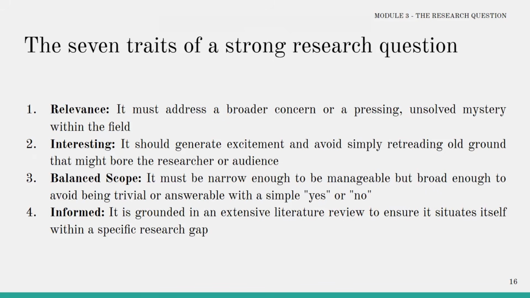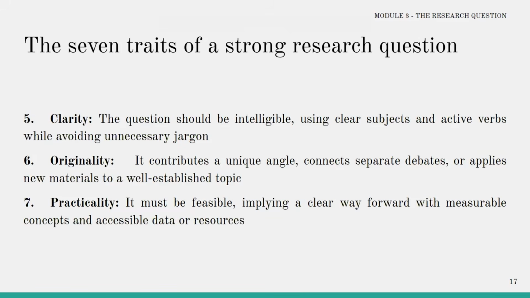If the question can be answered by Google, it's not research. If it's simply practical, it probably is not research. And also, it should have clarity, it should be original, and it should be particular. So we can ask ourselves, can I collect the required data? Can I finish this research within the available time and resources? These traits are present in a strong research question.